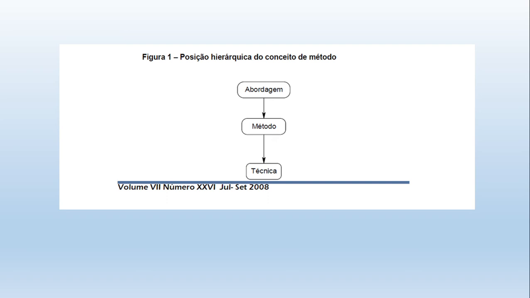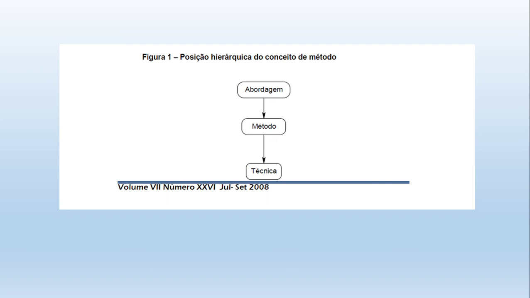And the technique are the activities per se. So for example, if you use, let's say, a song to teach vocabulary or anything that you want to teach through a song, that's a technique. So that's the difference between approach, method, and technique. But this definition was discussed in the 1960s.